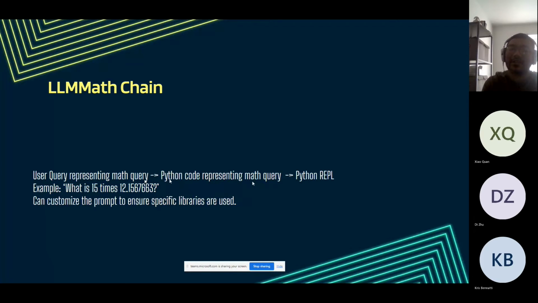And then it generates the Python code, and that Python code is then run on an interpreter, and you get the answer. You can also customize the prompt here to ensure that specific libraries are used. Maybe you want this to be calculated in NumPy, or maybe you have some specific library that you need to use, or some specific rule to be followed. All of them can be placed in the prompt.